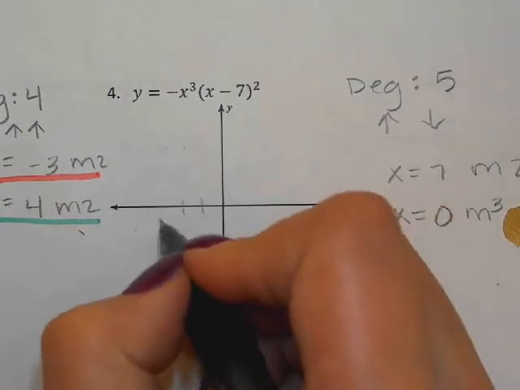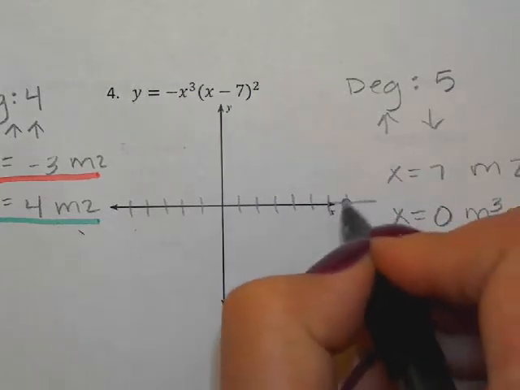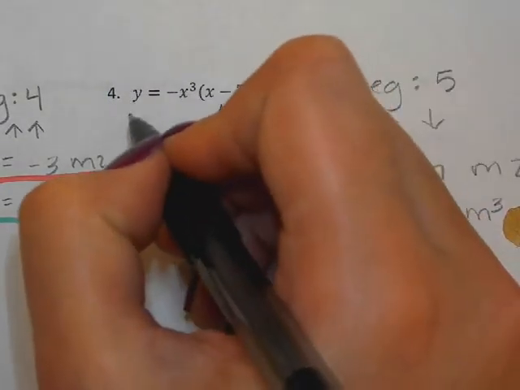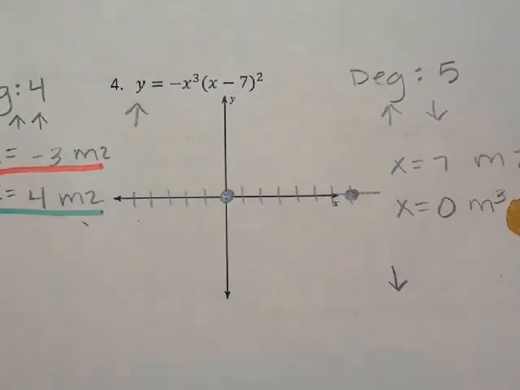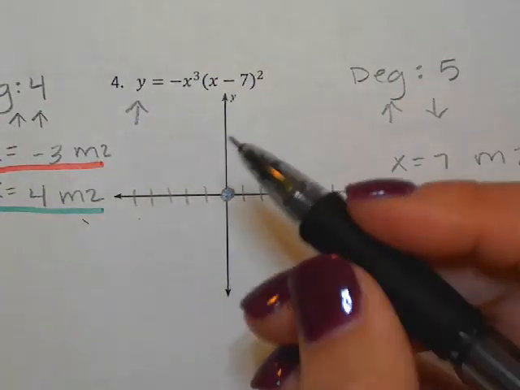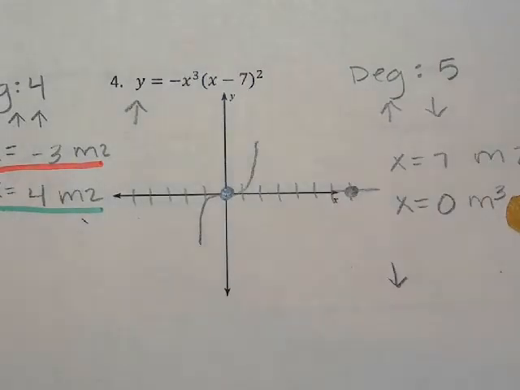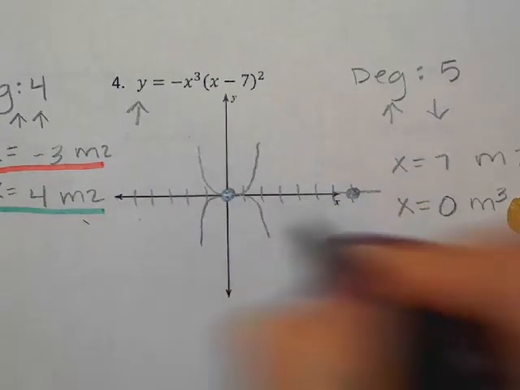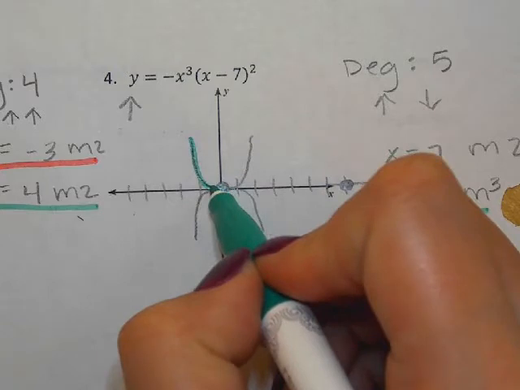Okay, so 1, 2, 3, 4, 5. 1, 2, 3, 4, 5, 6, 7. And we have up arrow first, and then down arrow. Okay, so we have 0 with our multiplicity of 3. So one way we can draw it is we can go up, level out, go up. Does that make sense? No. Or we can go down, level out, go down. That one made more sense. Okay. So multiplicity of 3, go down, level out, go down.